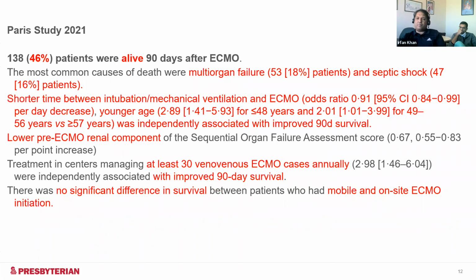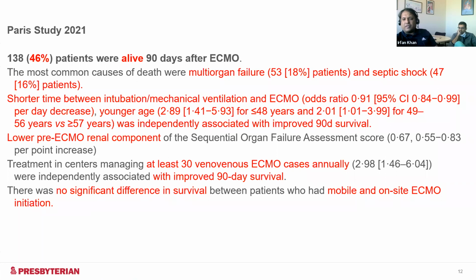The good thing is 46% of these patients survived at 90 days. And then the most common cause of death was multi-organ failure. Again, what they saw was patients who were intubated and then subsequently cannulated for ECMO within a few days had a much higher survival. Obviously, younger age, less than 48, was a huge predictor of survival.